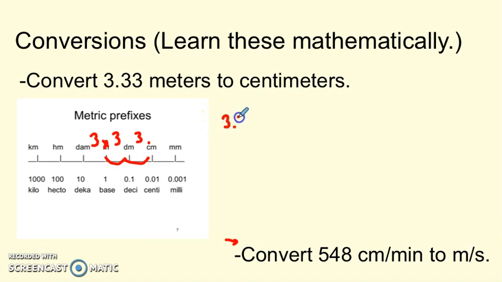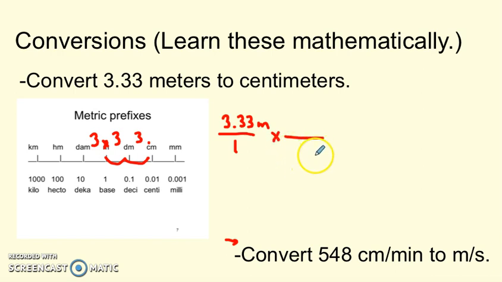You set up fraction equations, and what you use is a fraction to convert it. See, we have 3.33 meters, and that will be over 1. Let's multiply it by a fraction that will convert this.